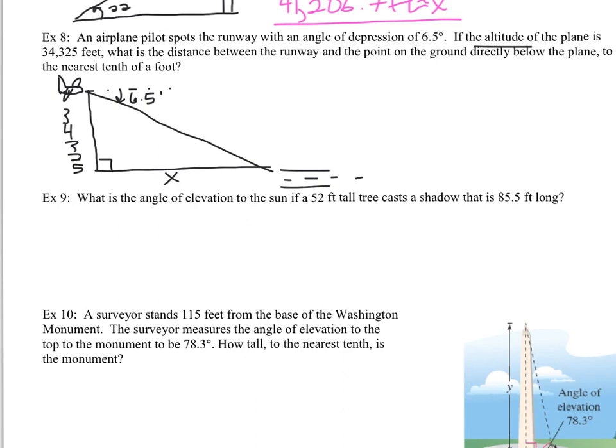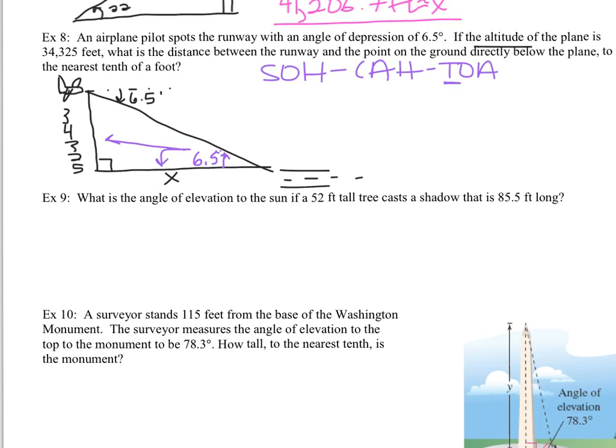So that 6.5, remember, is an angle of depression, and it's not on the inside of the triangle, but it should be the same as the angle of elevation up towards the airplane. That would be 6.5 as well. So if we think SOHCAHTOA, once again, what trig value would compare our reference angle of 6.5 with opposite and adjacent?